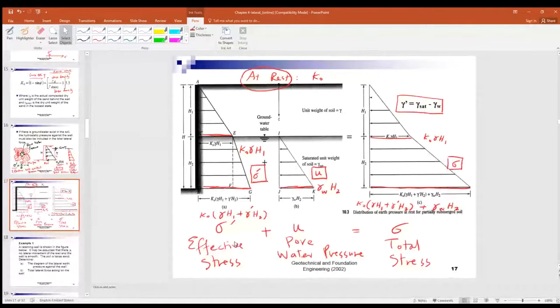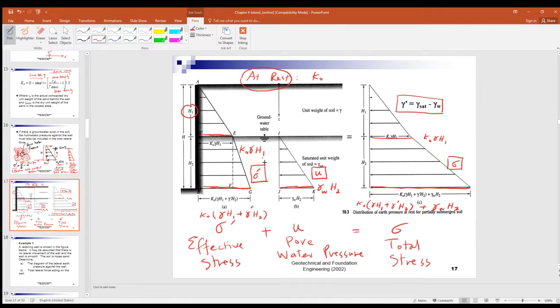Now, in this slide, first of all, we are talking about the retaining wall at rest condition. So it's not going out or in. We have talked about the effective stress concept.